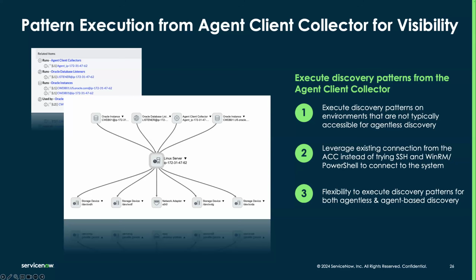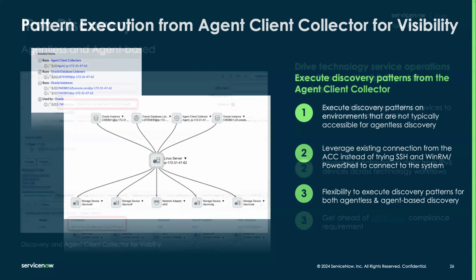That is a great advantage for all those use cases where you didn't have those credentials, but you still need to discover them. So this is also great because instead of trying with SSH and WinRM or PowerShell probes, you can just leverage the agent client collector.